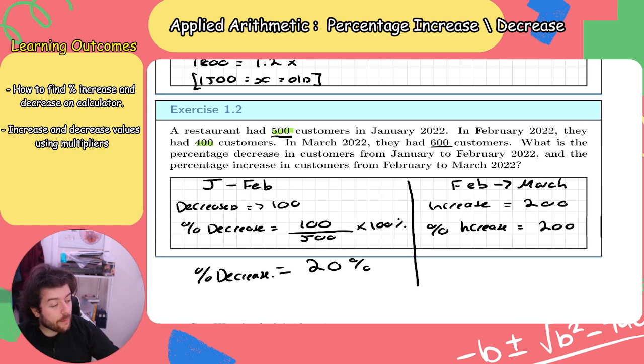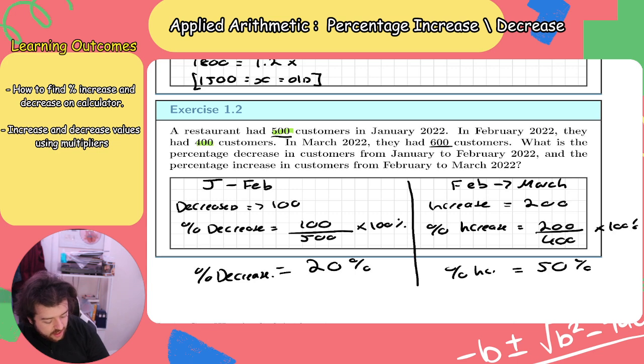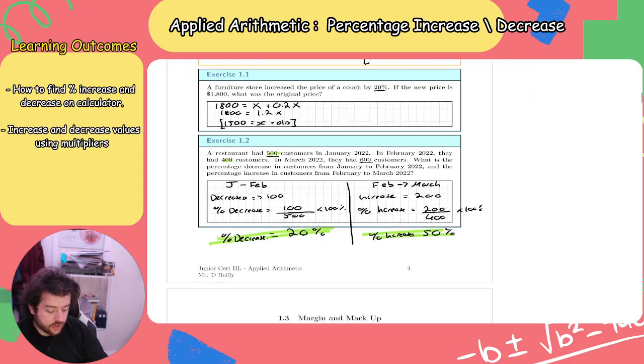In this case, my original amount is February, which is 400, multiplied by 100%, which is 50%. So I had a percentage increase of 50% from February to March. Right, and so there are two questions you could be asked on it.